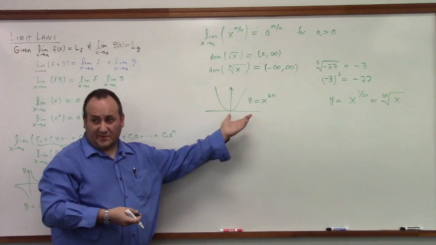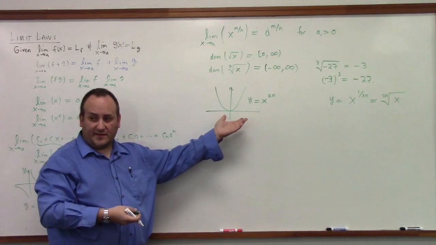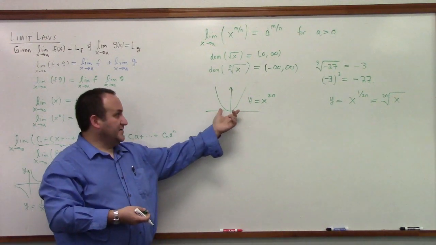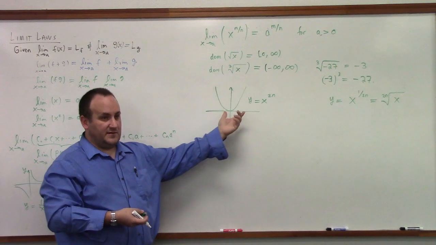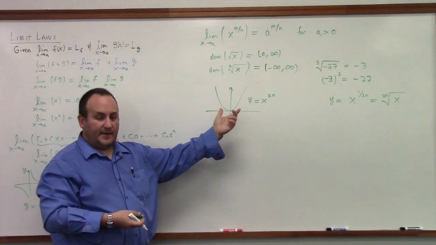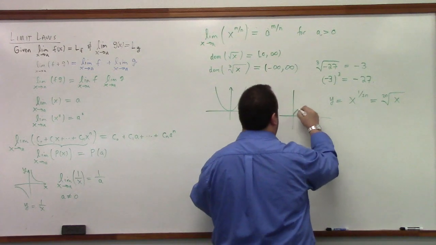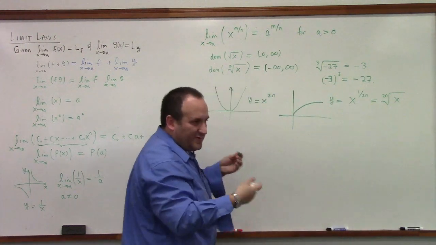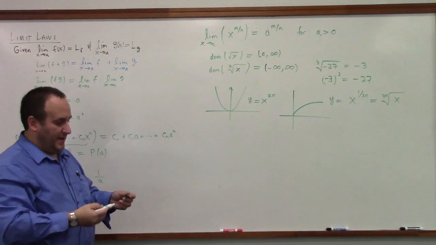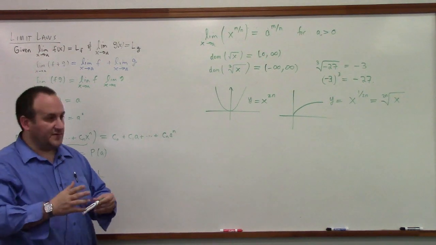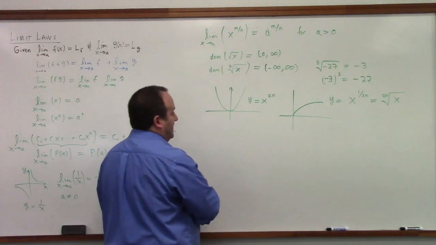When is a function invertible? Do you guys remember? It has to pass the horizontal line test, right? Does this pass the horizontal line test? No, it does not. And the graph of these guys basically looks like this, crudely speaking. That's not the inverse function of the whole graph x to the 2n.